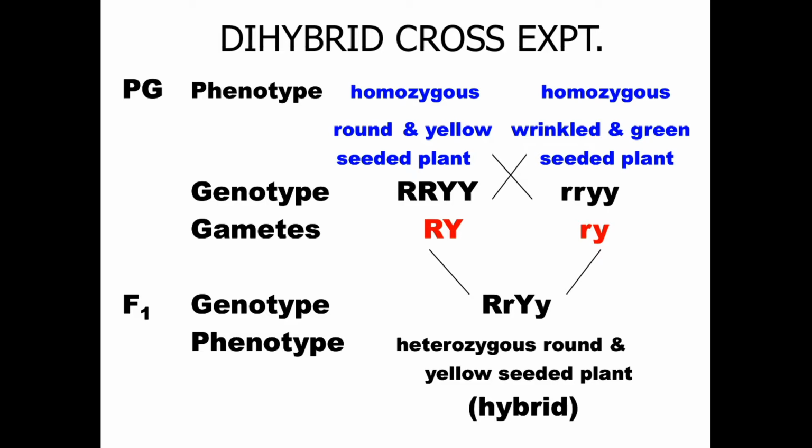These represent the parent generation. Offsprings produced in F1 generation were all round yellow seed, but they are heterozygous.